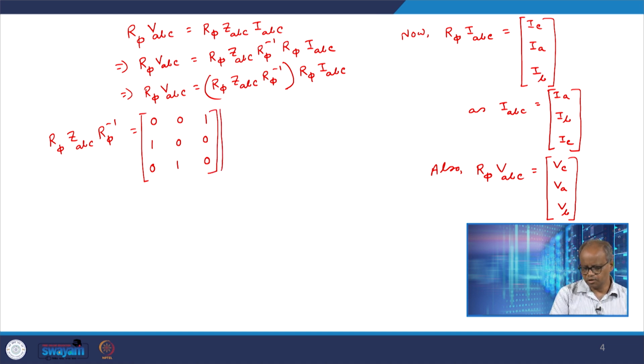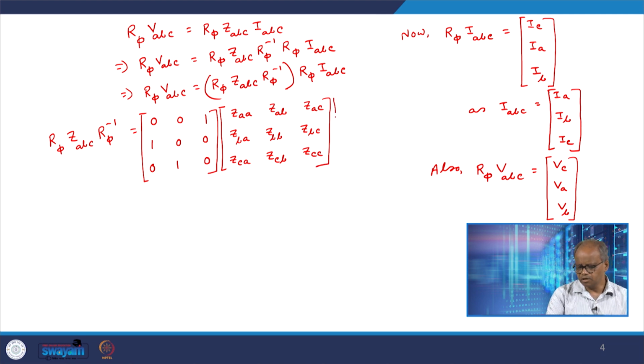And then of course we have Z_AA, Z_AB, Z_AC, then Z_BA, Z_BB, Z_BC, and then Z_CA, Z_CB, Z_CC, and R phi inverse is nothing but R phi transpose.